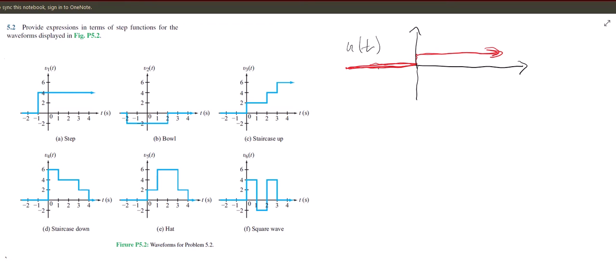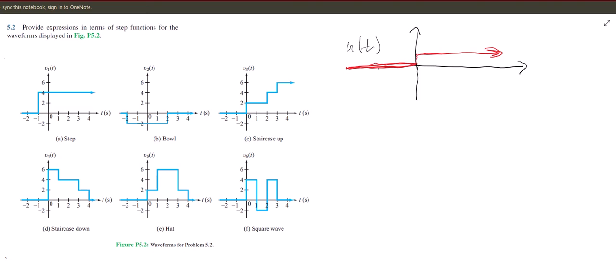But then you can adjust this either in height or by where it steps by multiplying it. So if you multiply it on the outside, that's going to adjust its height, its altitude, and if you shift it left or right, then you can change where it makes that jump up.